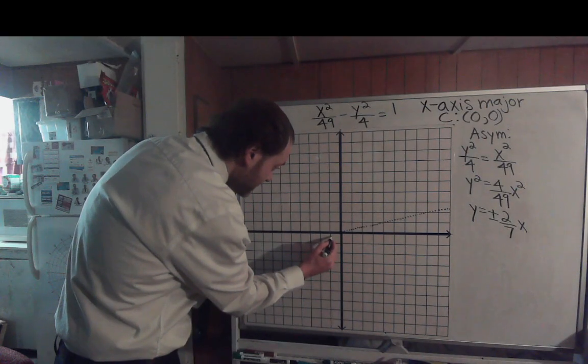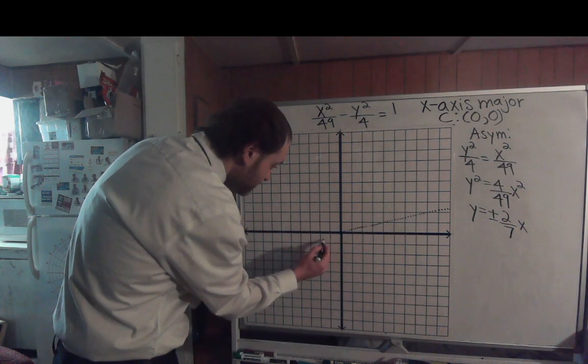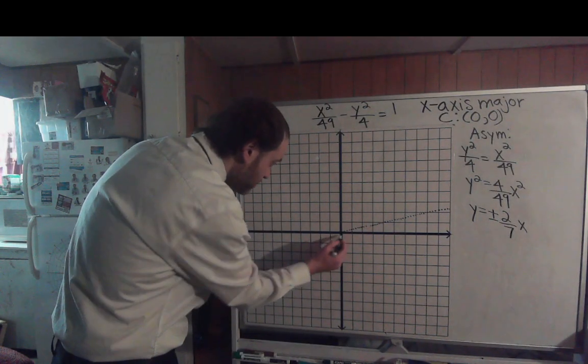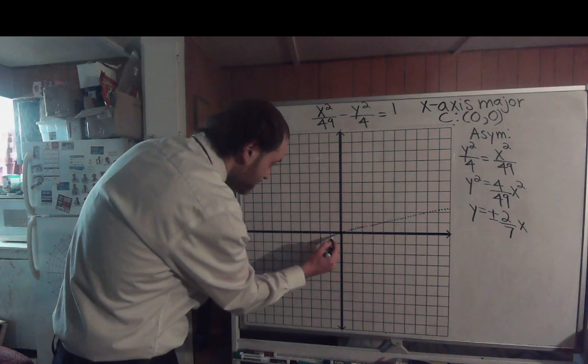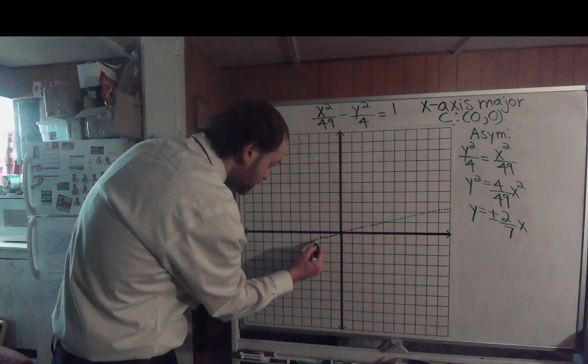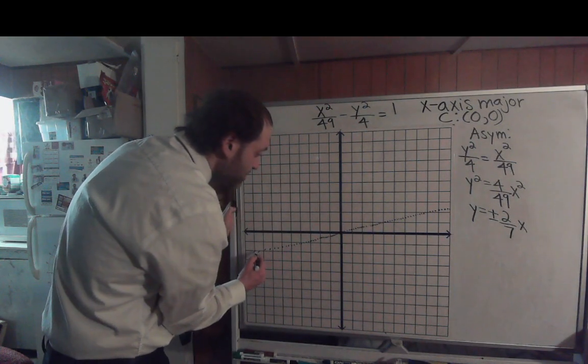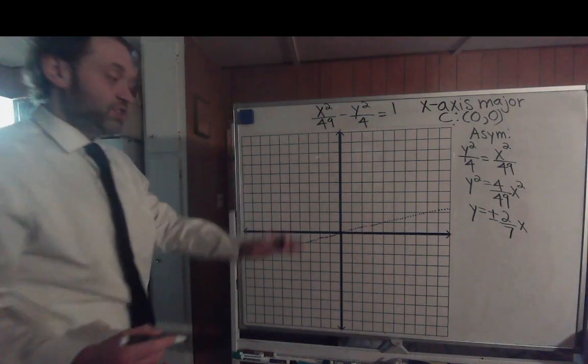And then let's see, at -1 about -2/7, -2 about -4/7, -3, -6/7. Yeah, so there is your asymptote of plus 2/7 x.